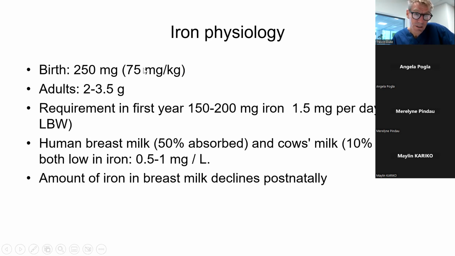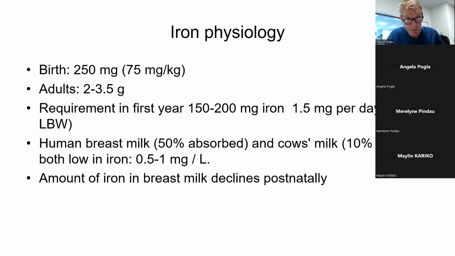And so the point being that a low birth weight baby has to take in a lot more iron than a baby of normal birth weight if they're going to achieve the same amount of iron in the body at 1 year of age.